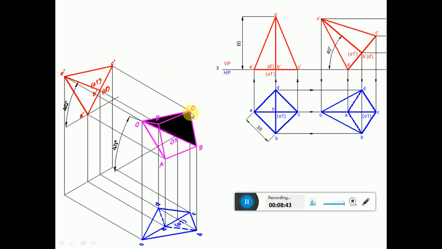Since OC is visible in the top view, naturally OC will be dark, and OA, which is the hidden edge, we cannot show, because the priority has to be given to the visible edge. So OA will not be shown. Since OA is invisible, naturally AB and AD will also become invisible. Since the portion of AB and AD becomes invisible in the rhombus ABCD, naturally O1 is going to become invisible.